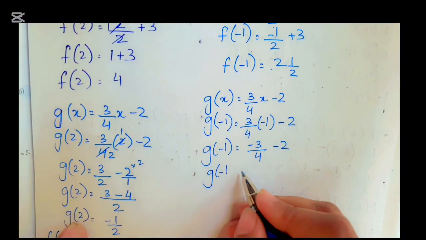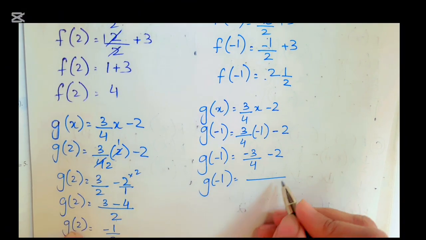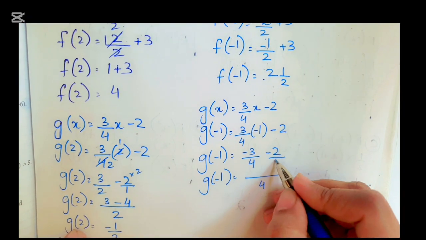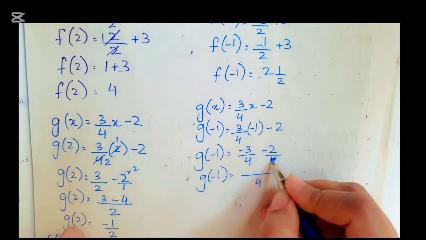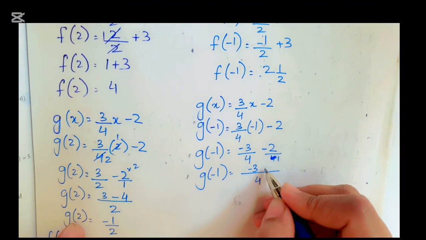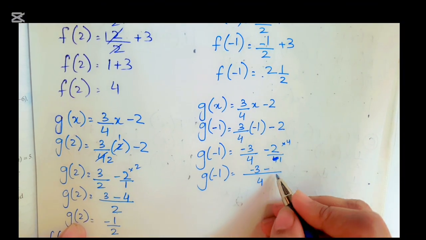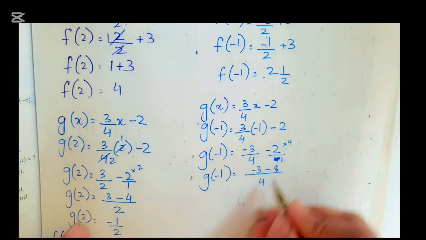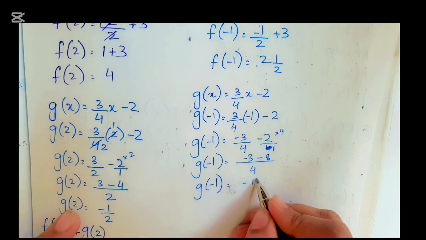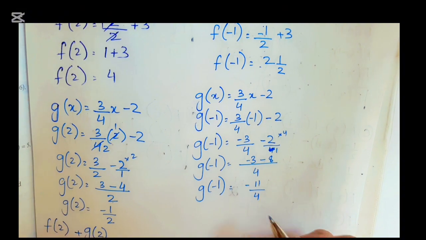Now both have the same sign, so we would add, and you know the LCM of both of them would be 4, because there is no number in the denominator. It would be 1, and the denominator of both of them would be 4. And if we multiply it by the LCM, we will get minus 8. So g(-1) is equal to -11/4.